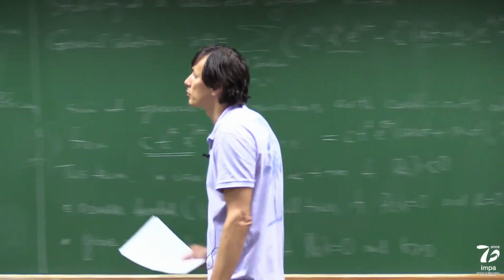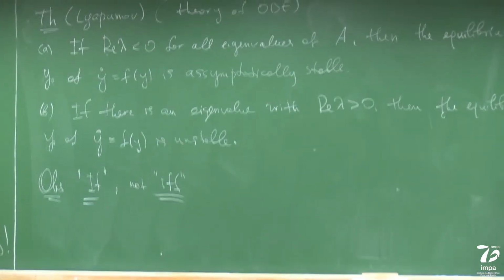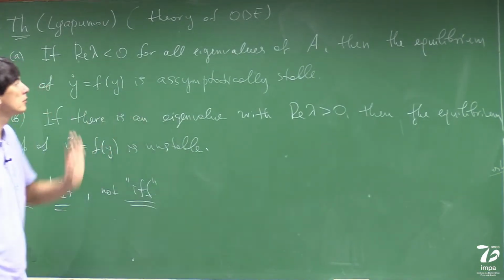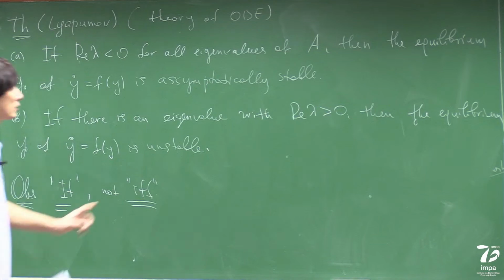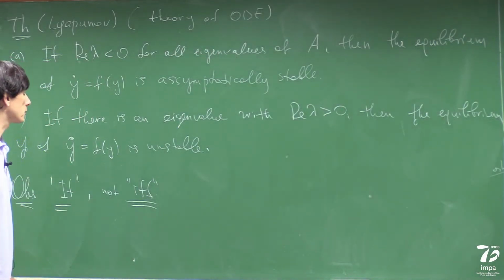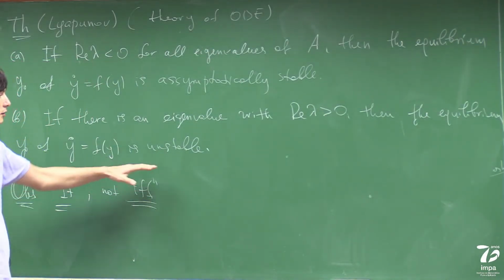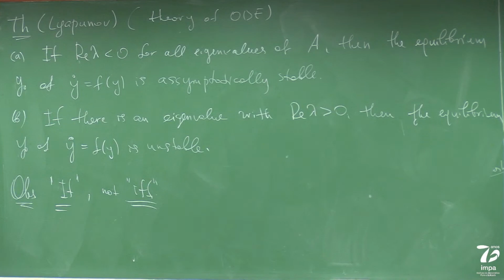Here the theorem only claims that if the real part is negative for all eigenvalues, we guarantee asymptotic stability, not vice versa. In the second case, if at least one eigenvalue has positive real part, then we guarantee that it's unstable, but also not vice versa. It can be unstable even though there are probably no eigenvalues with positive real part. So it is only a sufficient condition, not necessary and sufficient.